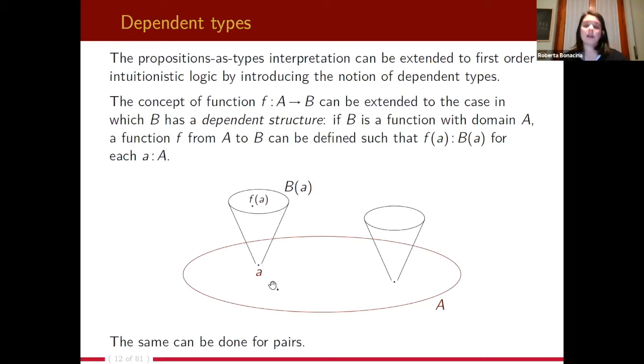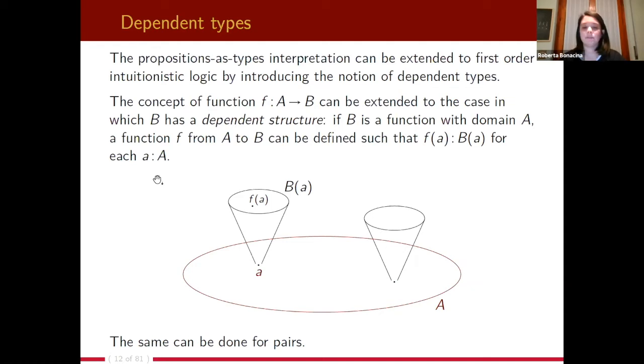So we need to have that capital B is a function with domain A. And so a function f from A to B can be defined such that f of a is in a different type. The type in which f of a lives depends on the choice of the small a, the term.